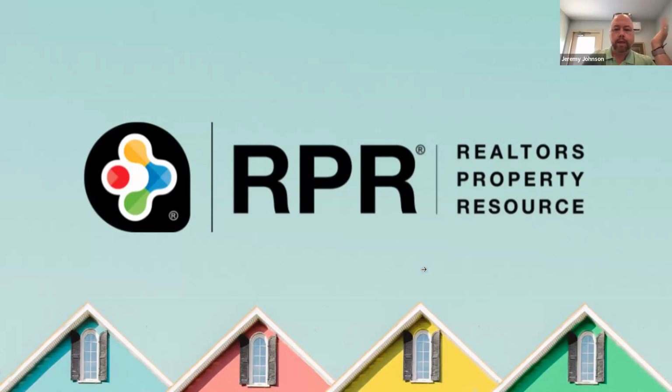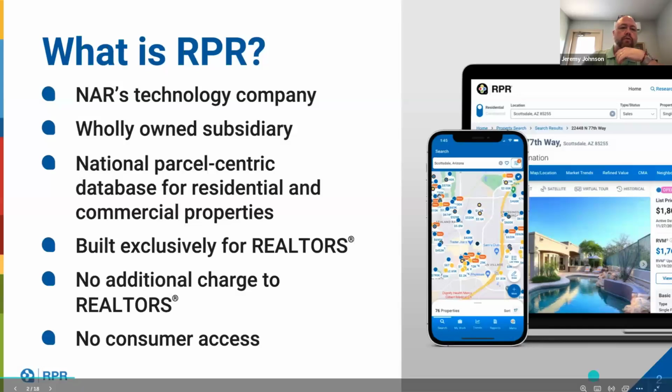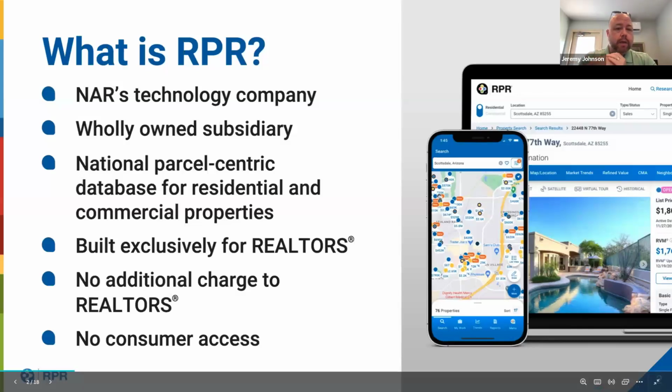So what is RPR? First of all, it's NAR's technology company. It's wholly owned by NAR. It is a national parcel-centric database for residential and commercial properties. So this covers the entire US. It's built exclusively for realtors by realtors. It's part of your member benefit, so no additional charge for it.